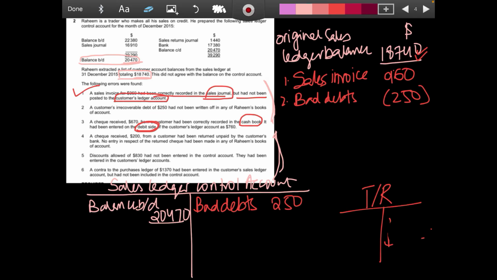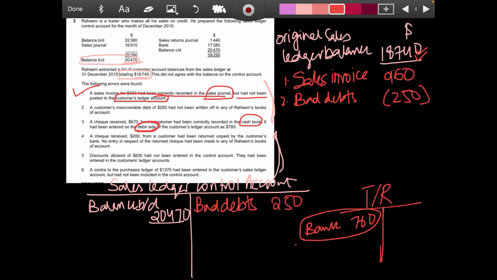So this is the error. As we all know, the amount received from our customers is not mentioned on the debit side but on the credit side.